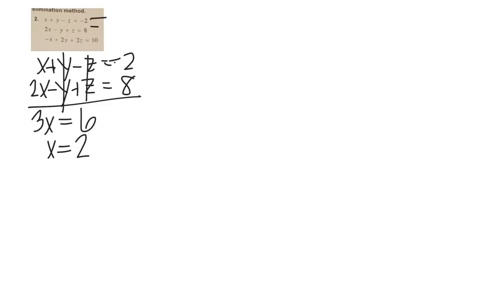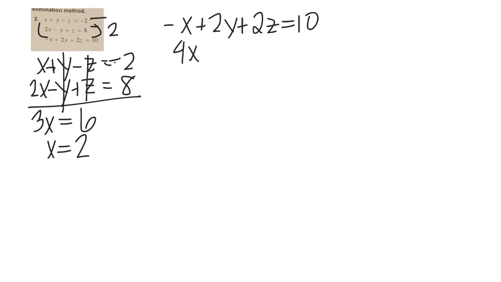Or I can do elimination again. So I'm going to choose to do elimination again. I'm going to use this third equation, negative x plus 2y plus 2z equals 10. And then I'm going to multiply equation 2 by 2, so I get 4x minus 2y plus 2z equals 16.